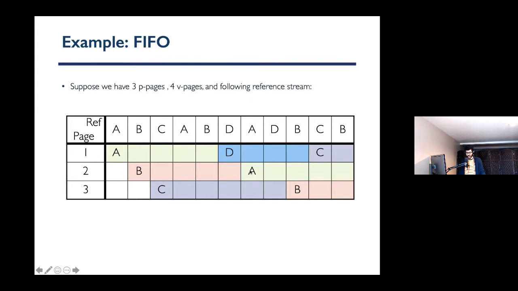B, you just evicted it for A, so you have to bring B. And lastly, C. Now, if you count the number of times that you did bring a page from permanent storage to memory, you can just read how many letters you have in this table. 1, 2, 3, 4, 5, 6, 7. So basically 7 misses is what you get with FIFO on this particular sequence. So 7 page faults.